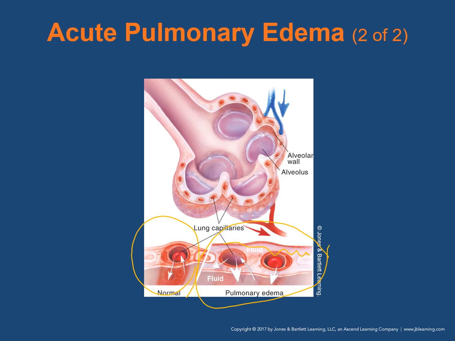So we'll suction, put high flow oxygen on them, and put continuous positive airway pressure, or CPAP, on them. It basically helps get the fluid out of the alveoli with that pressure gradient.